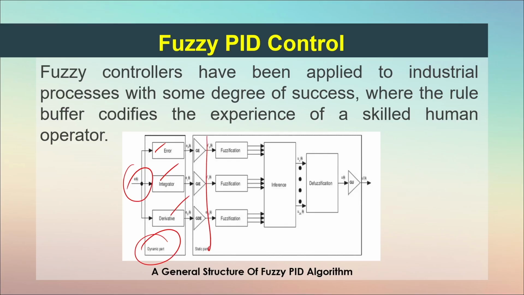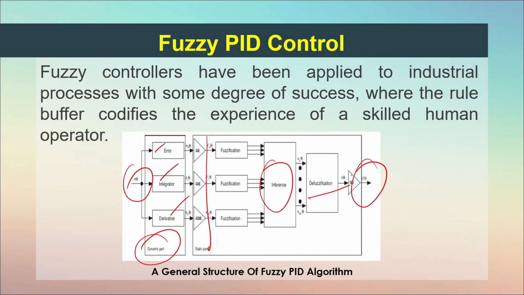The fuzzy block will try to quantify the error as negative large, negative medium, negative low, 0, and so on, like these kinds of linguistic terms, and this is again input to the fuzzy system. Then finally the final value is taken.